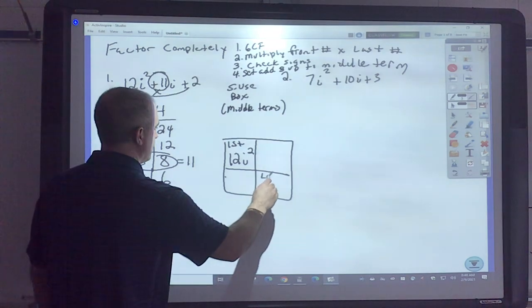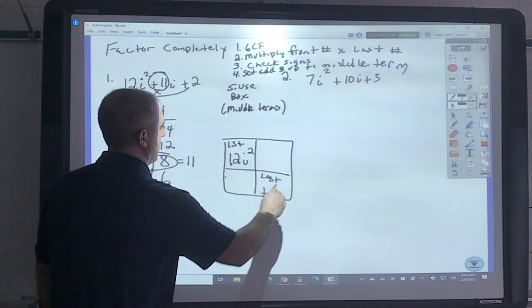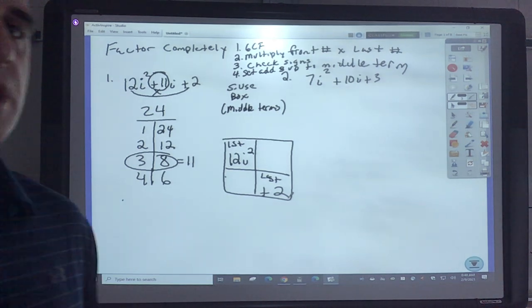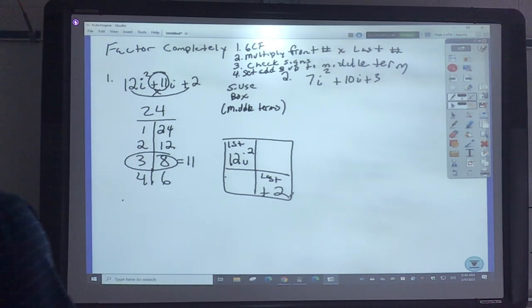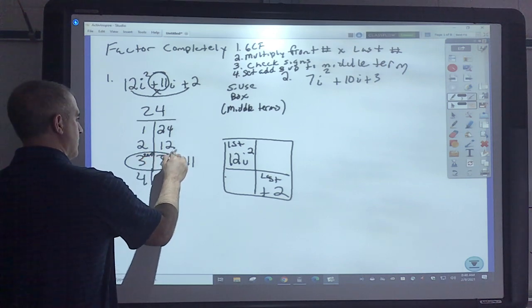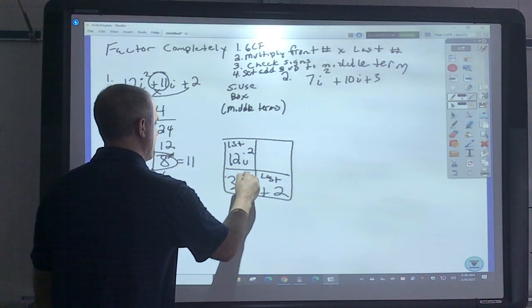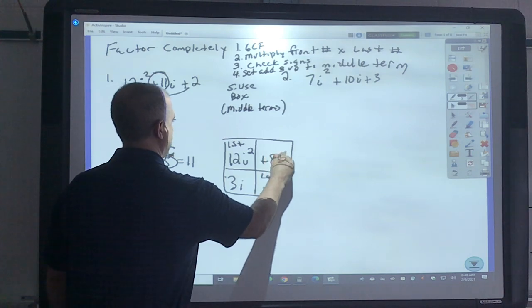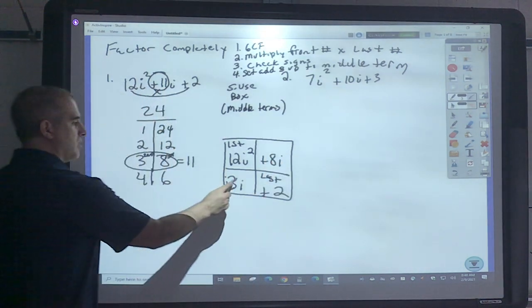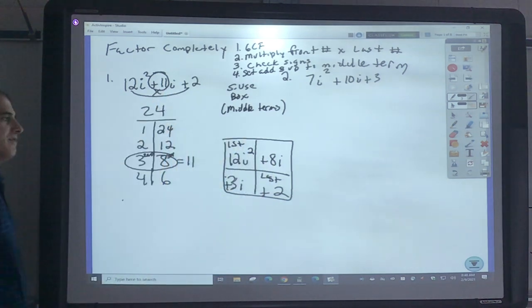My last term goes here, as when we did this with factor completely. Basically, we need to make these 4 terms. So this will be the second and this will be the third. So I have 3i and 8i. Why do I have the i's there? Because they have to add up to 11i, 3 and 8, 11.